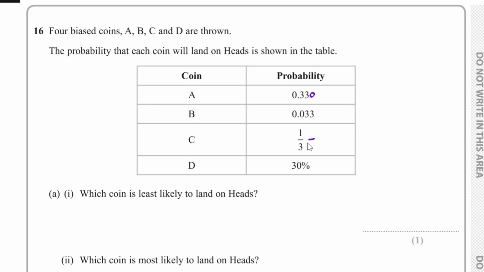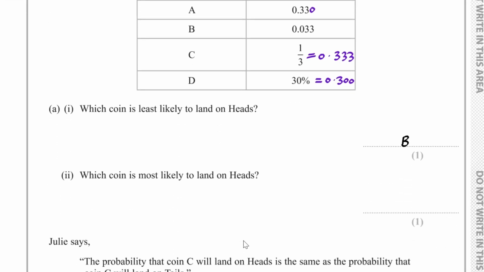The 1/3 is equal to 0.333 to 3 decimal places, and 30% is equal to 0.300. So which coin is least likely to land on heads? That's B. Obviously, it has the smallest probability. And now, which coin is most likely to land on heads? That's the one with the biggest probability. That's of course C.